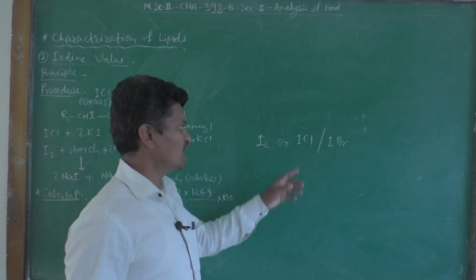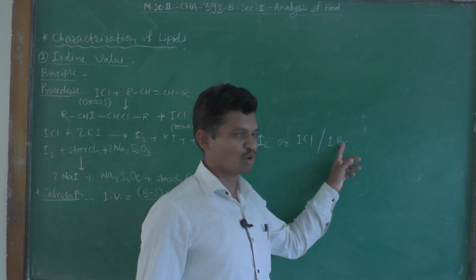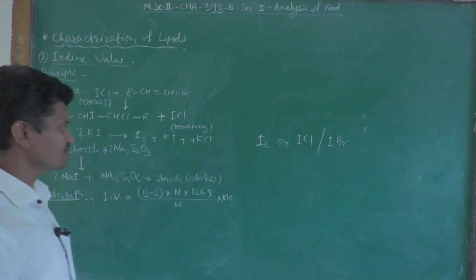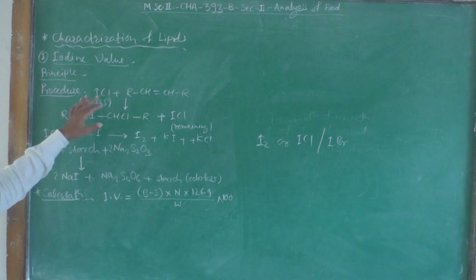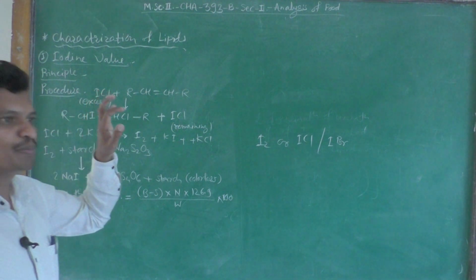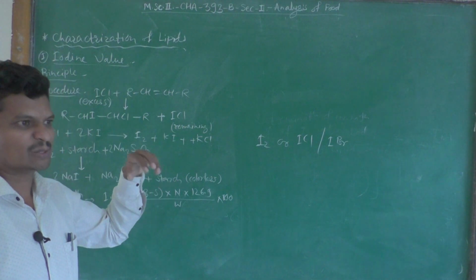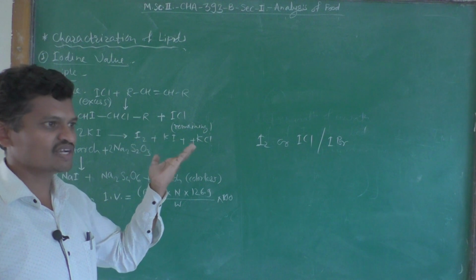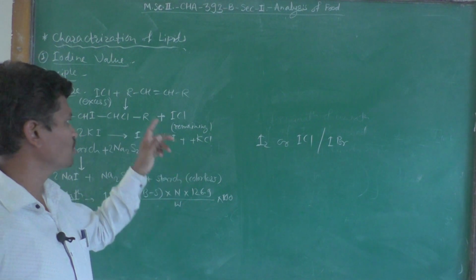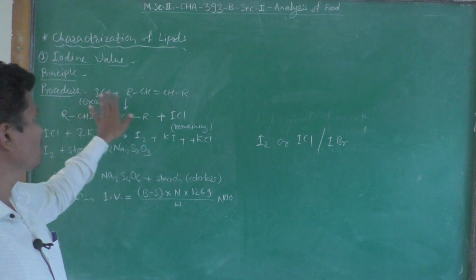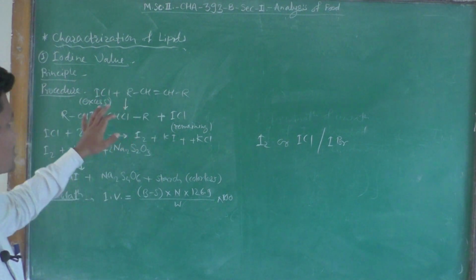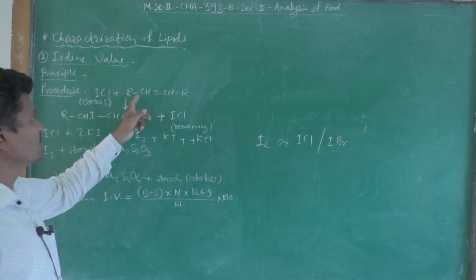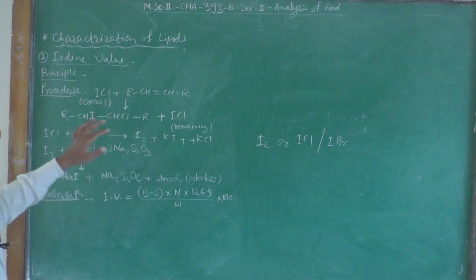So iodine chloride, iodine bromide or the simple diatomic iodine molecule can be used for this reaction. When our lipids or fats have carbon-carbon double bonds, the iodine gets added across that double bond. The same reaction is written here with ICl. ICl is taken in excess and reacted with this carbon-carbon double bond, that is, the alkene.